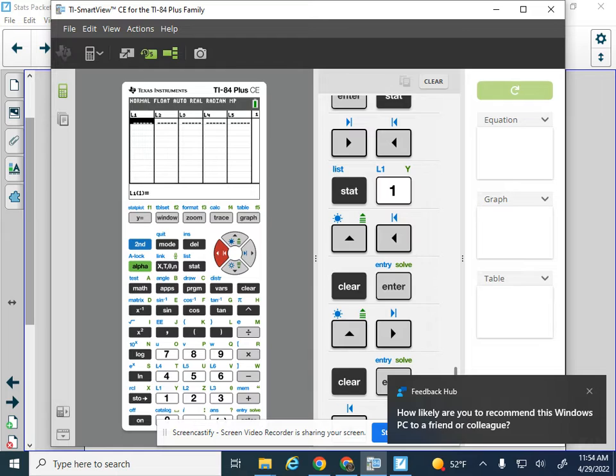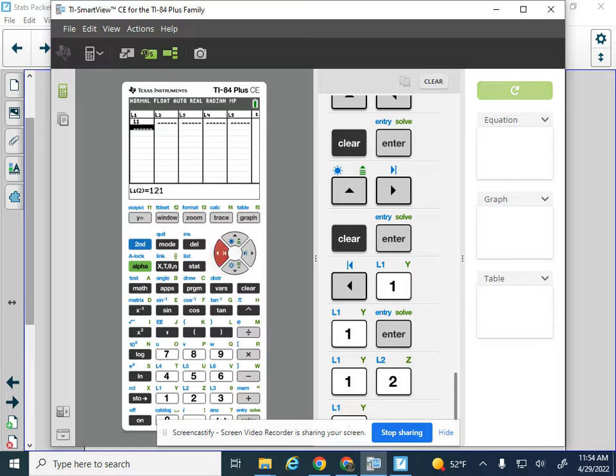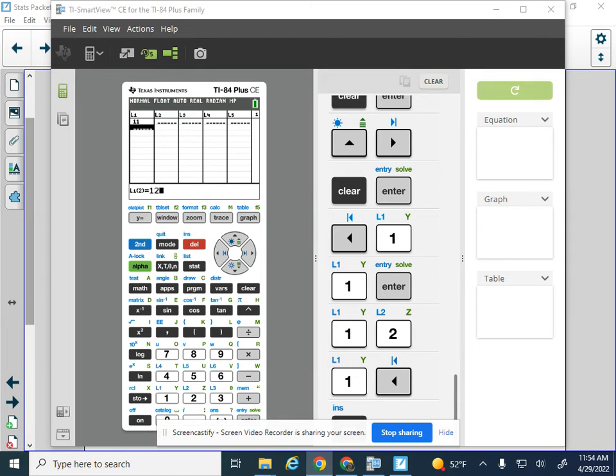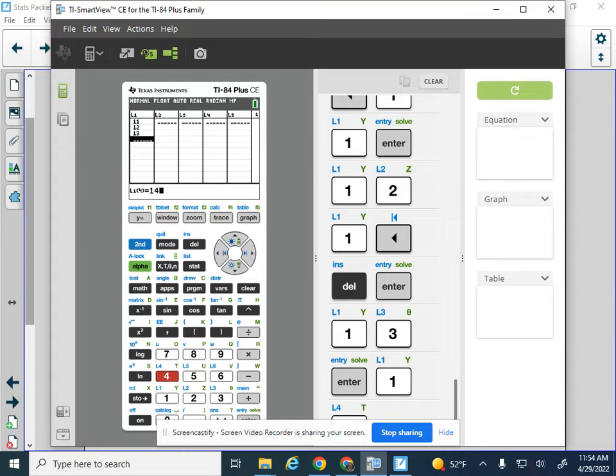So this one I have 11, 12, and I'm going through 18. In both of our examples here, we have numbers that go in order. They can skip around too. It doesn't have to necessarily be consecutive integers when we enter them into the table.